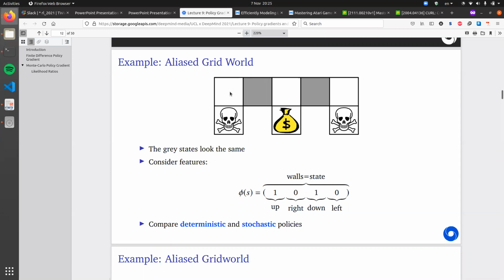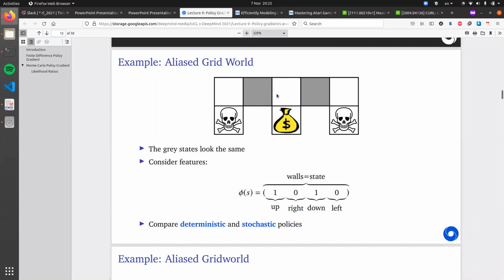So imagine, for example, that we have a robot here that can move in this grid world, and we cannot see far away, so we cannot see what the walls in the next room are. We can only see the walls in the room where we are situated, and that would make this kind of feature representation reasonable.